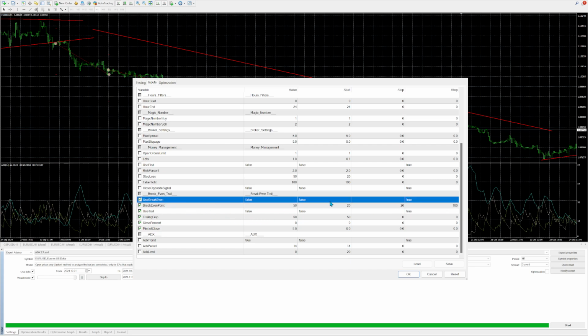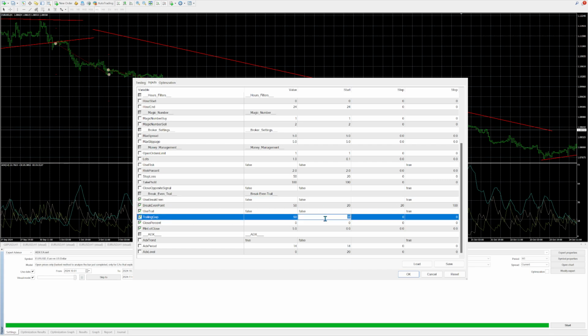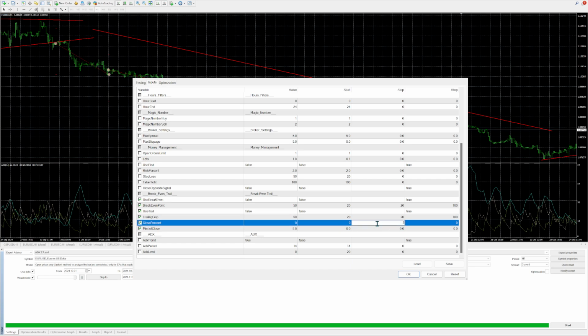Break even was set to true or false. Trailing stop was set to true or false. The trailing gap will do again 20 to 100 in 20 increments. Close percent, we can say close 0% or close 20%. No, probably don't do 25 on that, up to 75%.